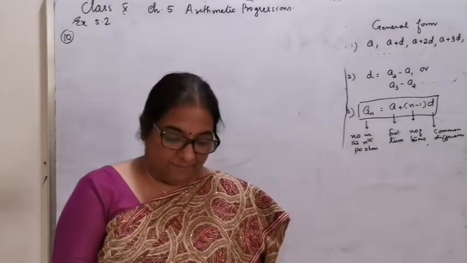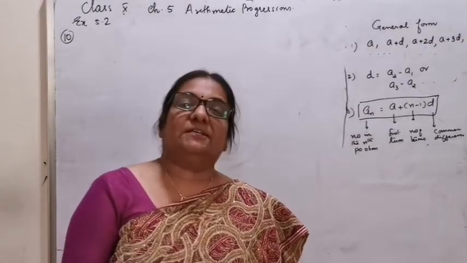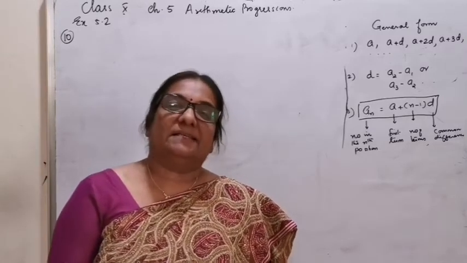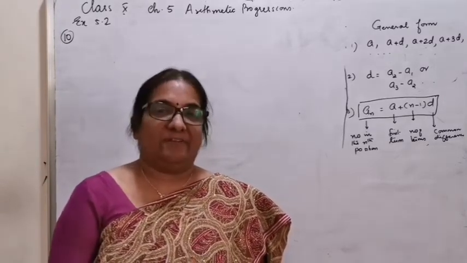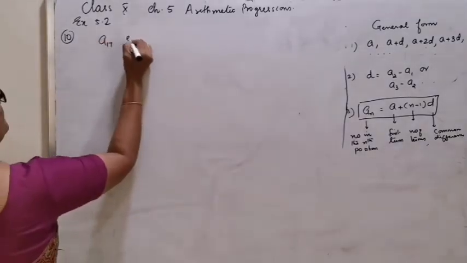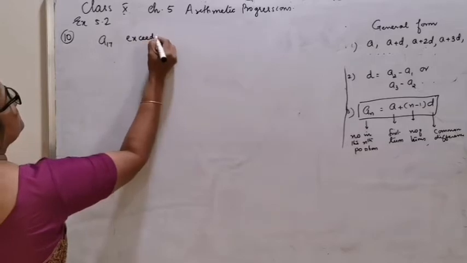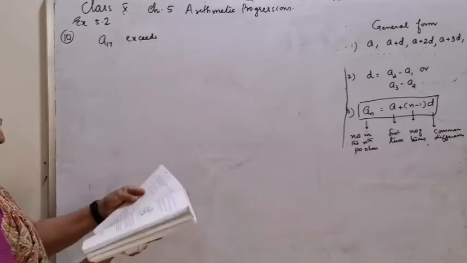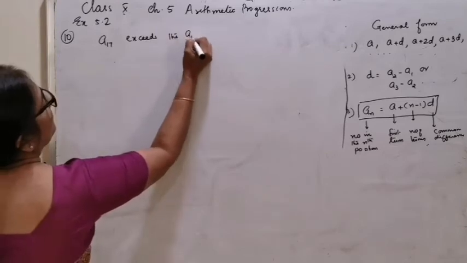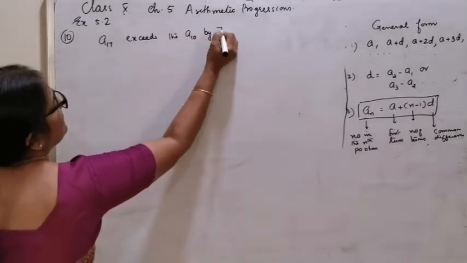Question number 10. The 17th term of an AP exceeds its 10th term by 7. The 17th term exceeds the 10th term by 7.